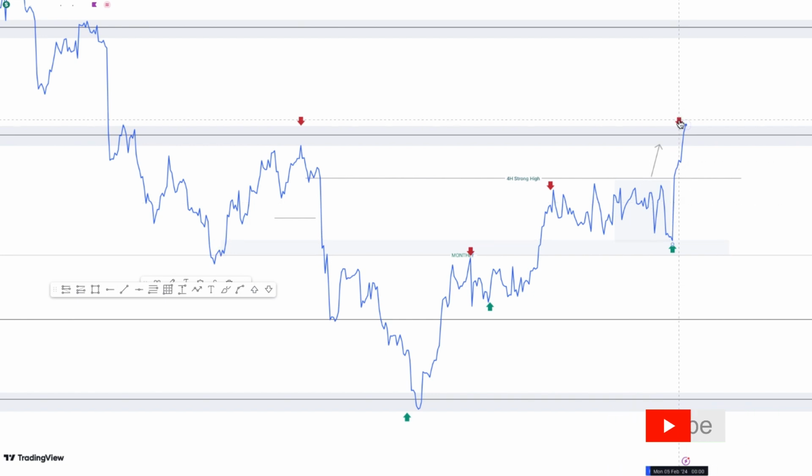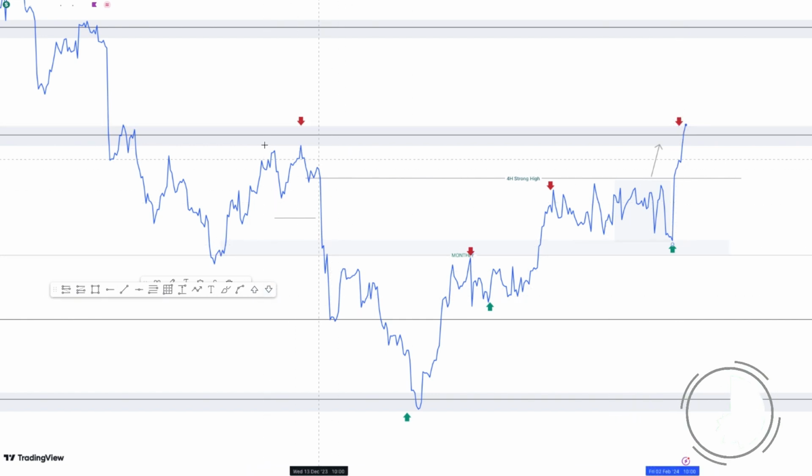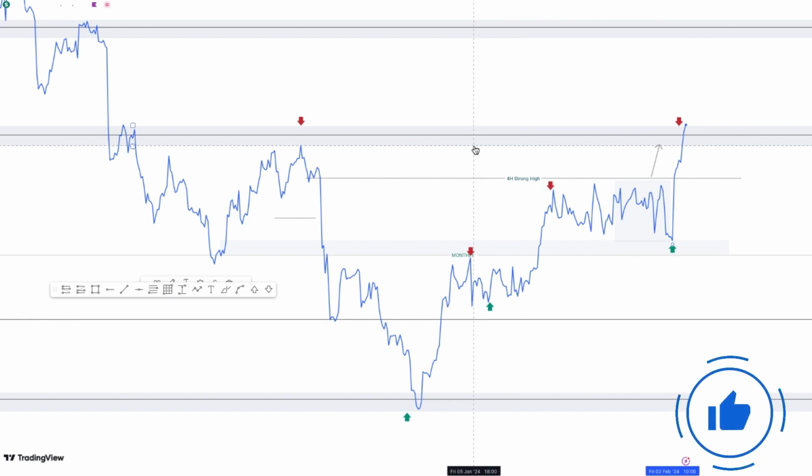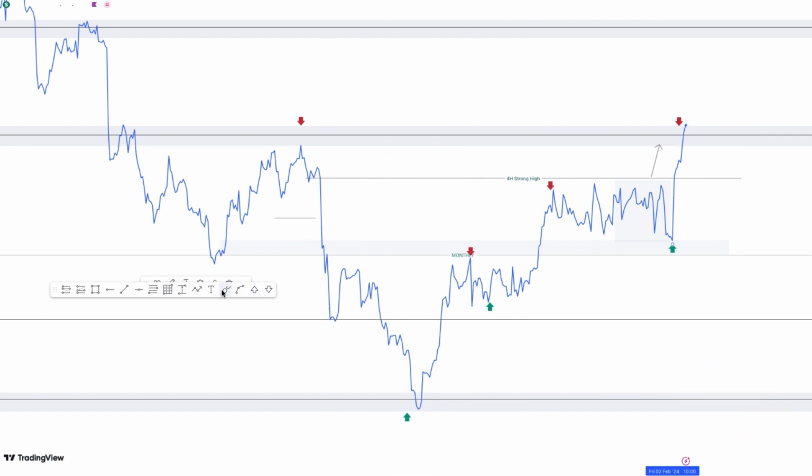Right now we have this high. So what we should expect, because this level here is quite strong, we might expect a little bit of pullback or correction like this. It might be not too large, maybe a small one, where price pushes a little bit here and we continue on the upside.